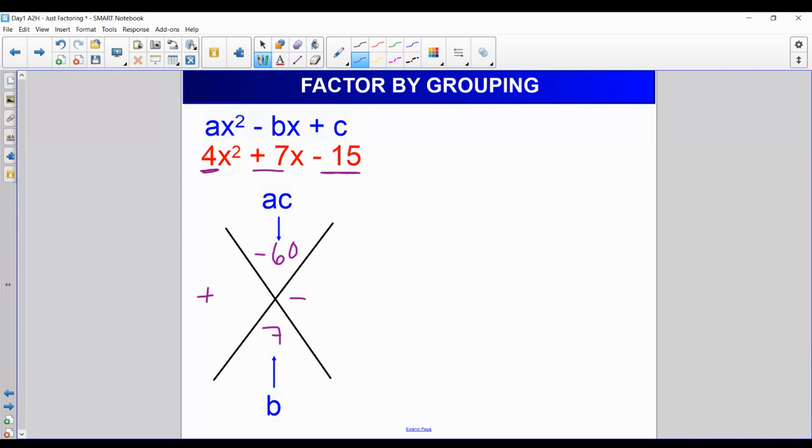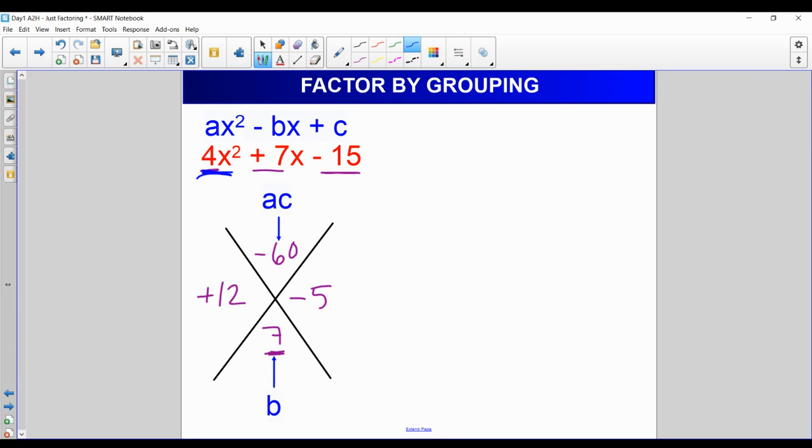I know the bigger one has to be positive because when I combine them together, I'm going to get a positive number. So when I think of those numbers, and what you may want to do is make a little chart of all of the numbers that multiply to be negative 60. Okay, I would come up with 12 times negative 5.